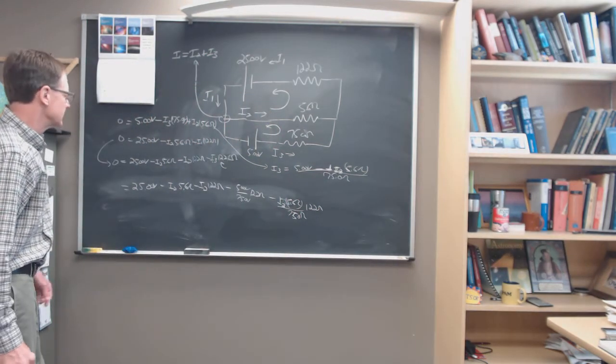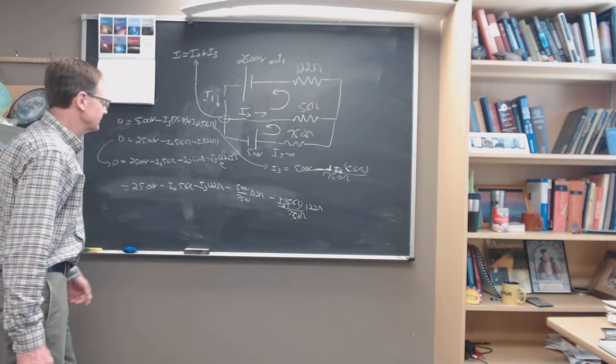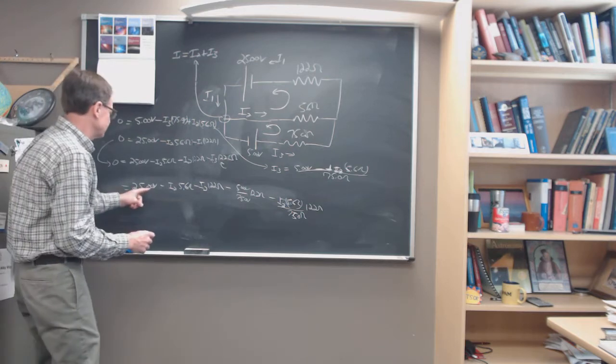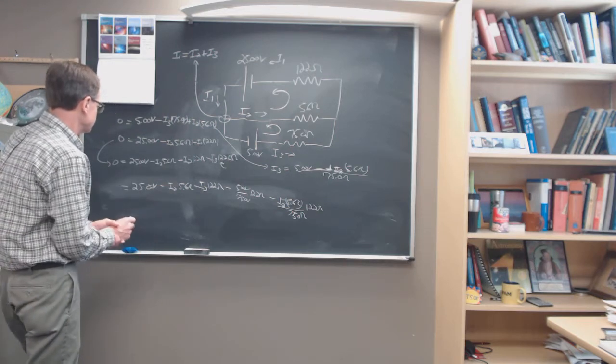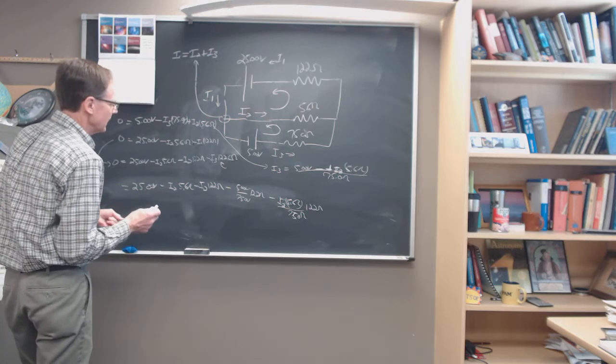Okay, so now we've got everything in here. It's known except for I2, and all we have to do is solve for I2. We can gather the terms that don't have I2 in them on the other side. Actually, let's pull the I2 terms to the other side.